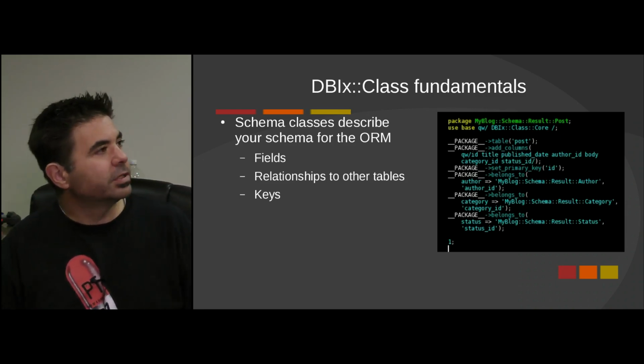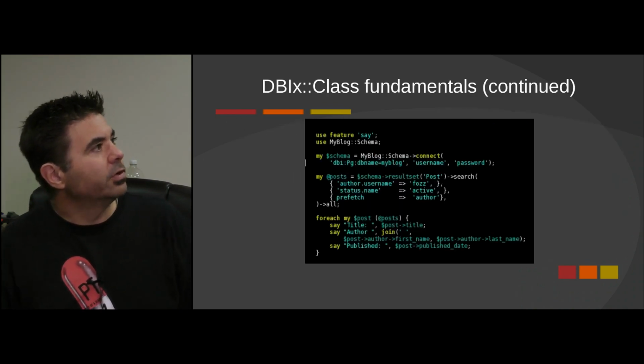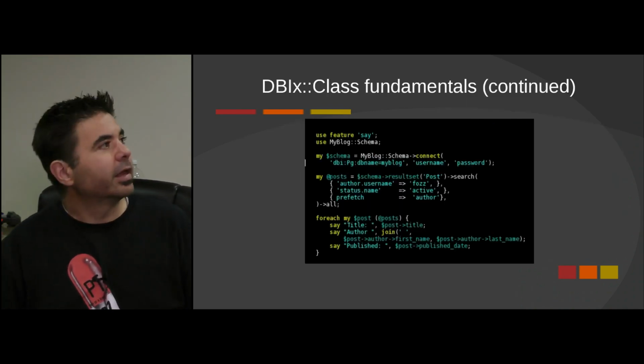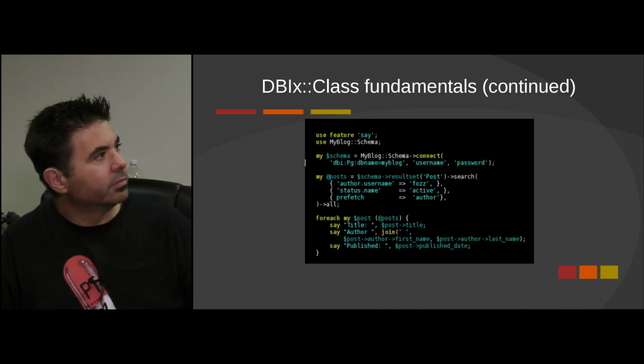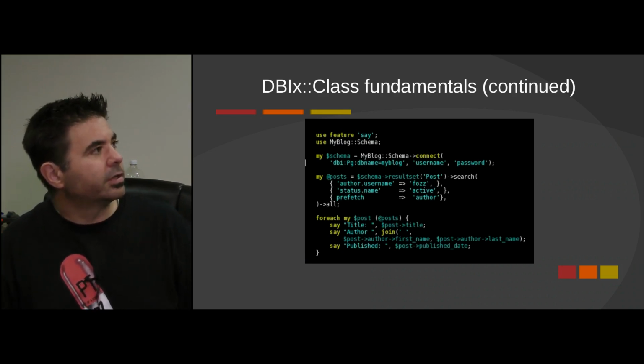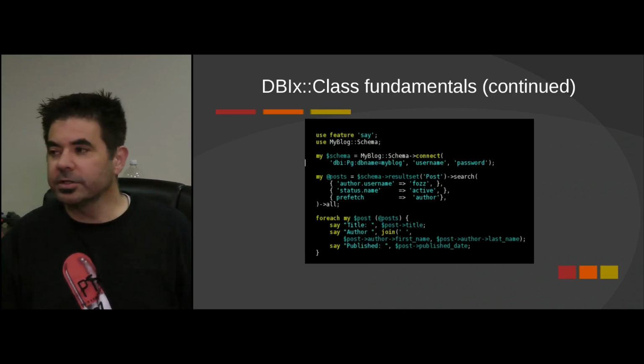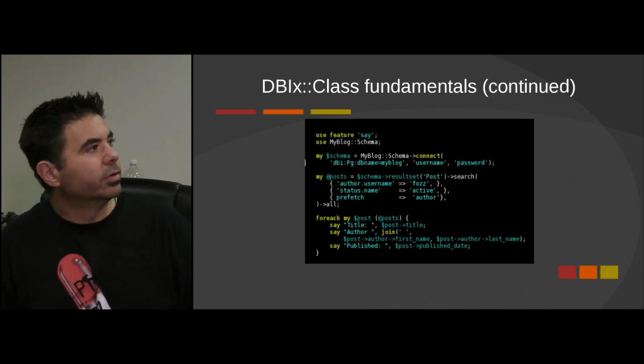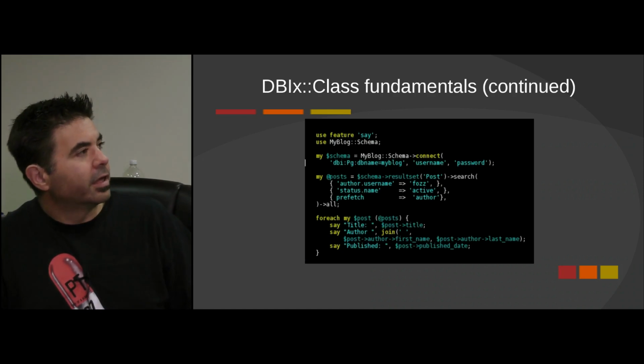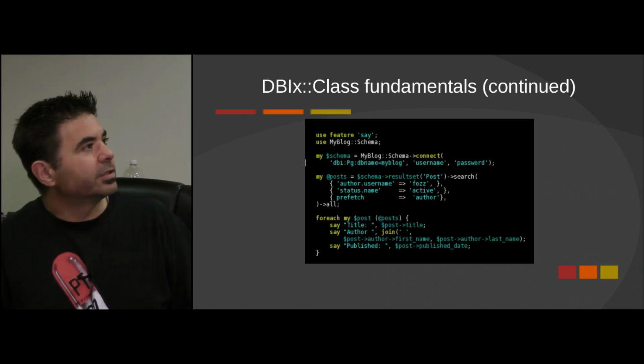So once you have this in place for all your tables, then you can start using it. This is an example of a script that connects to the database. The syntax there is very similar to DBI. We use the DBI format of connection, and the DSN is very similar there.